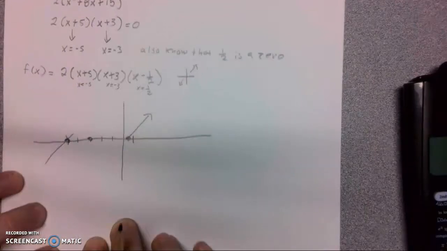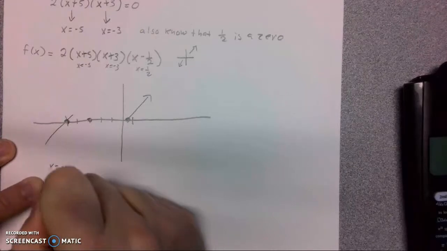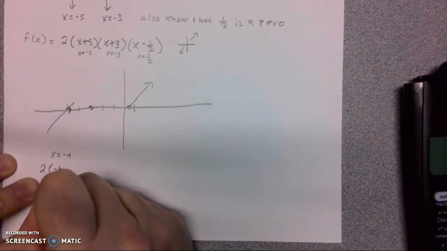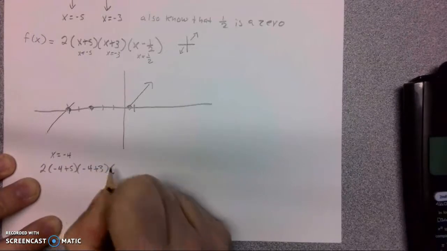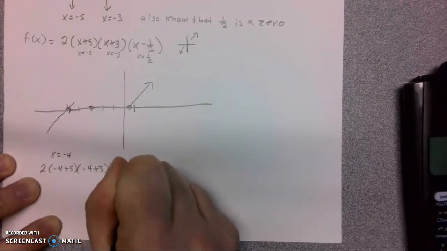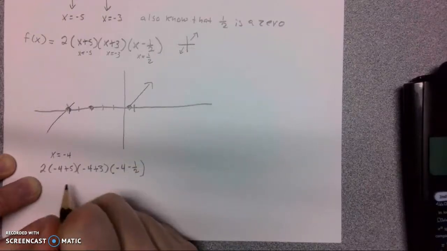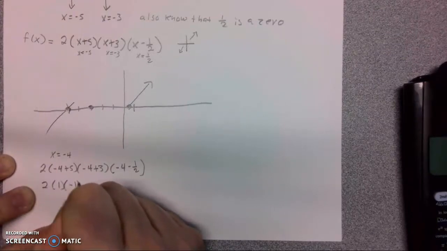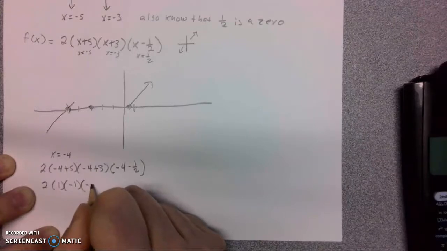So let's take x of -4 and see what happens. Okay, so multiply or simplify it. -4 halves, -8, -9 halves.